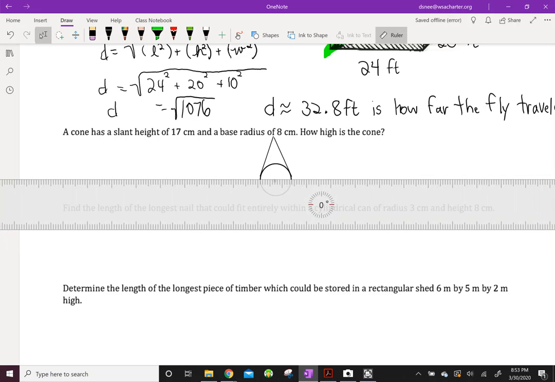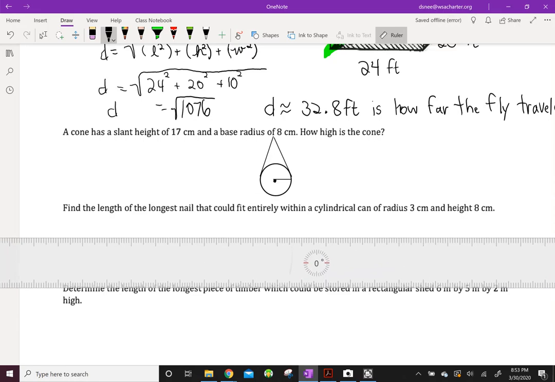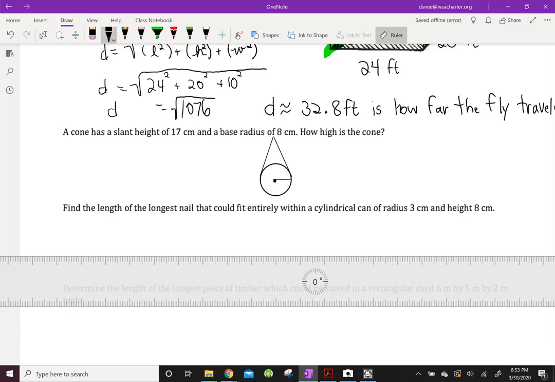So let's see here. It's not perfect, but it's going to work. Okay. Cone has a slant height of 17 centimeters. Okay, so I've got 8 centimeters here, and I've got 17 centimeters here.